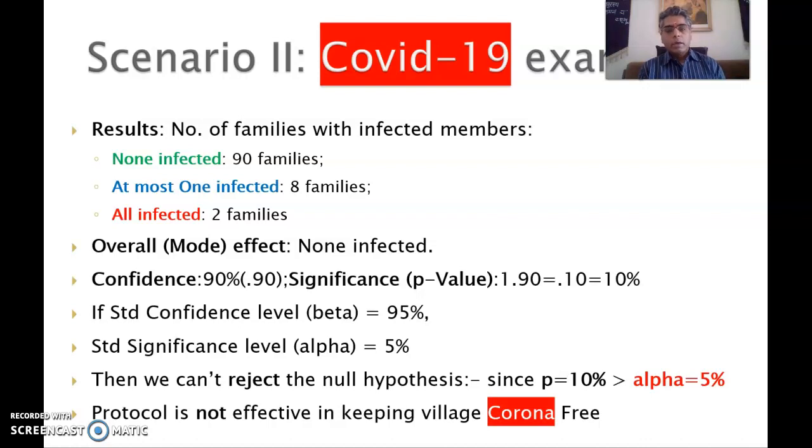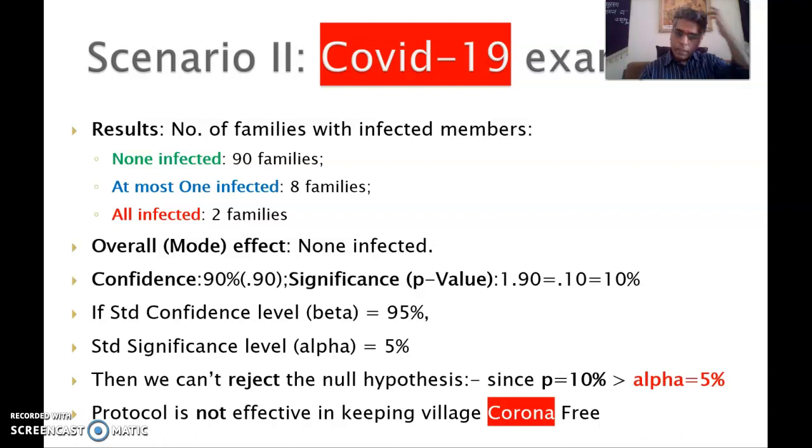And the standard across the board, the value that is arbitrarily set but is a norm, is 95% confidence level, which means a significance level of 5%. Now this standard level of confidence we call beta, and the standard significance level we call alpha.